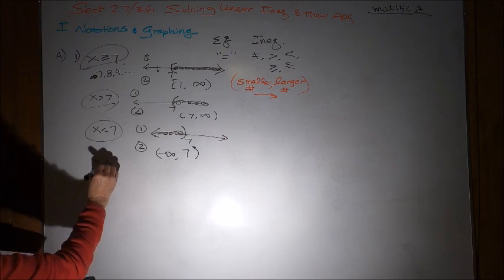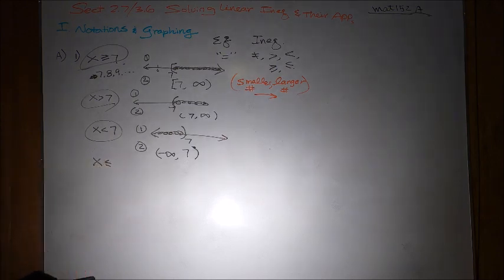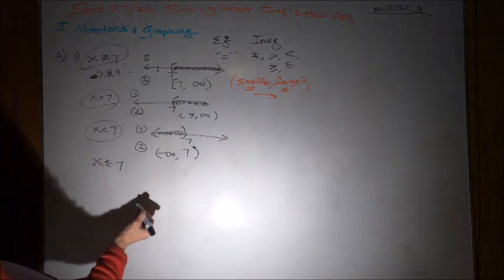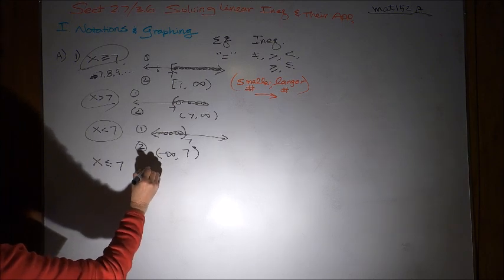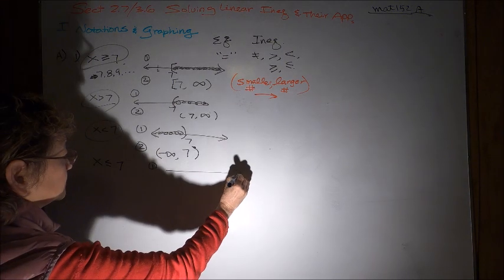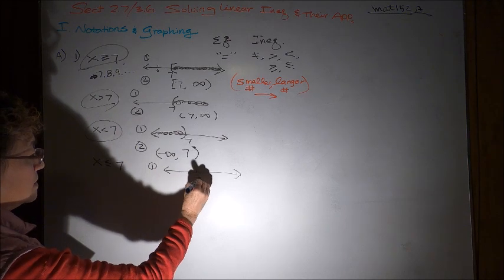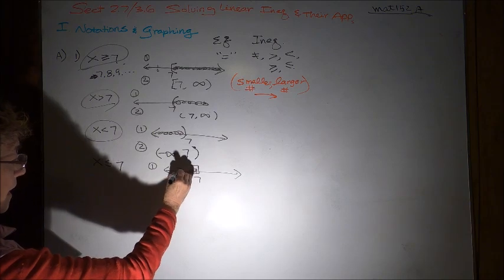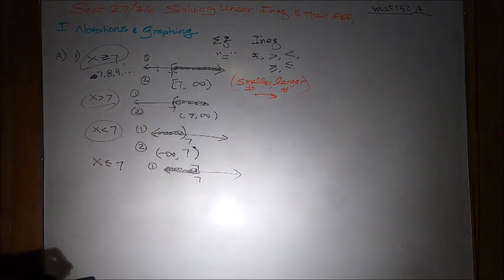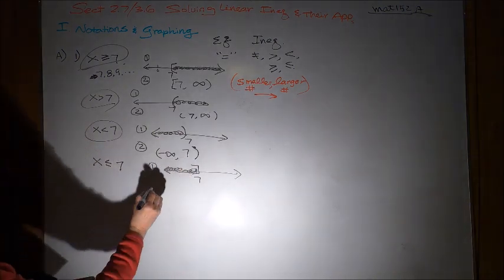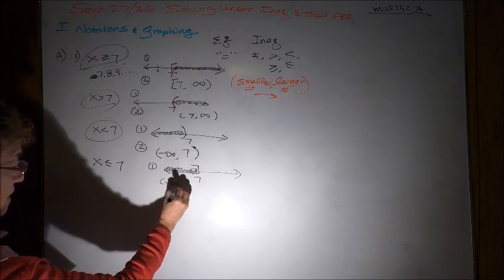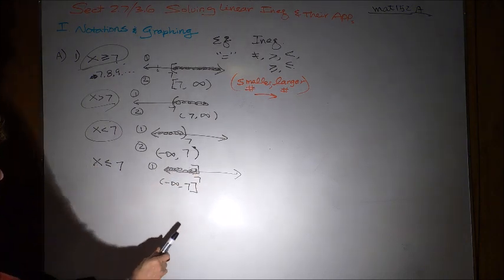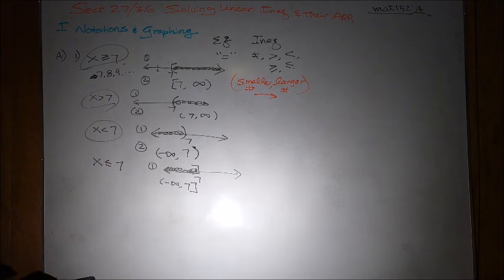If we have x less than or equal to 7, what do we do? 7 with what? Bracket, right? Then highlight the area for the answers. And we do negative infinity to 7 with a bracket. Okay?